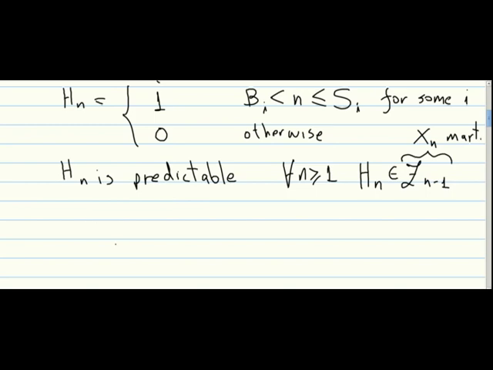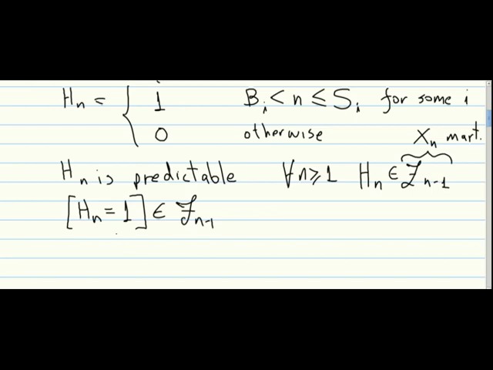So let us look at the event at Hn, right? If we want to show that Hn is measurable with respect to something, we can look at this event. If Hn equals 1 is an Fn minus 1 measurable event, then Hn is Fn minus 1 measurable because it can only assume this value or 0 in the complement of this event. So that's all we have to prove.